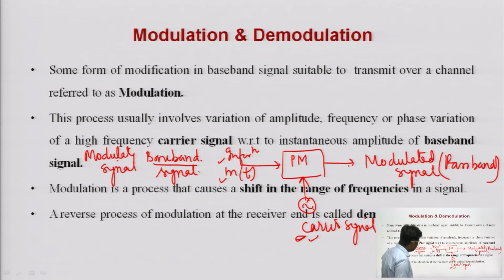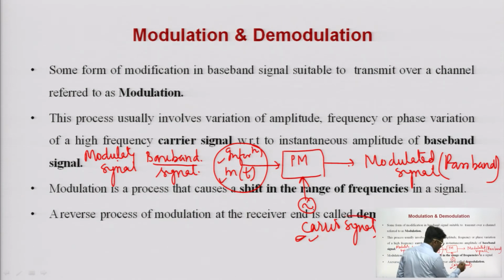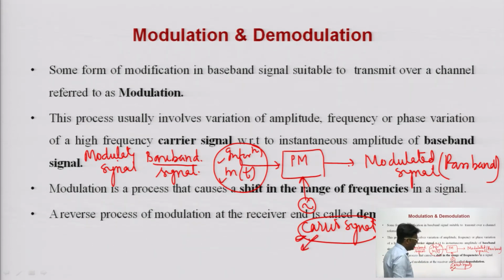There are certain conditions when we go for modulation. Modulation is basically the process in which we change some characteristic of the carrier signal using the baseband, modulating, information signal.